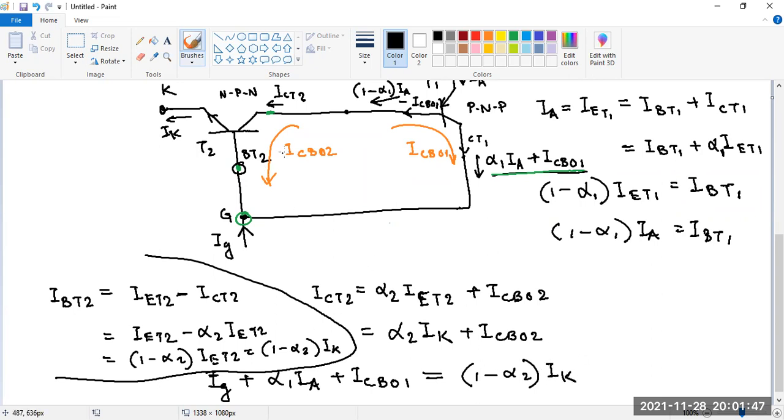But one more thing we have to consider: the reverse saturation current is flowing there, and as per the direction of the current, it will be negative.